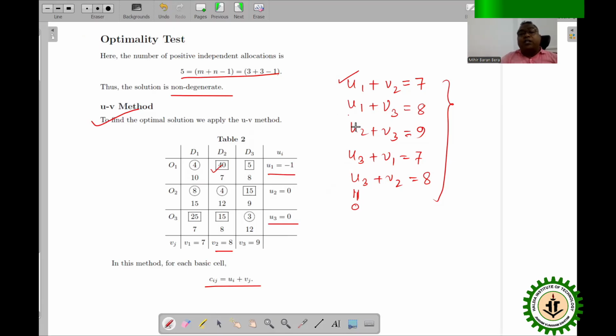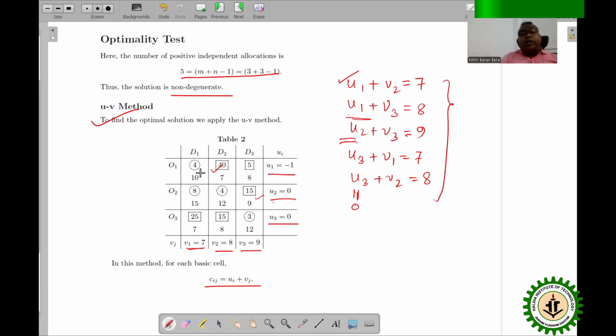As U1 equals minus 1, you get V3 equals 9. And as V3 equals 9, using this relation you get U2 equals 0. Then using this and this, you get V1 equals 7. So you are able to find all these values of Ui and Vj.